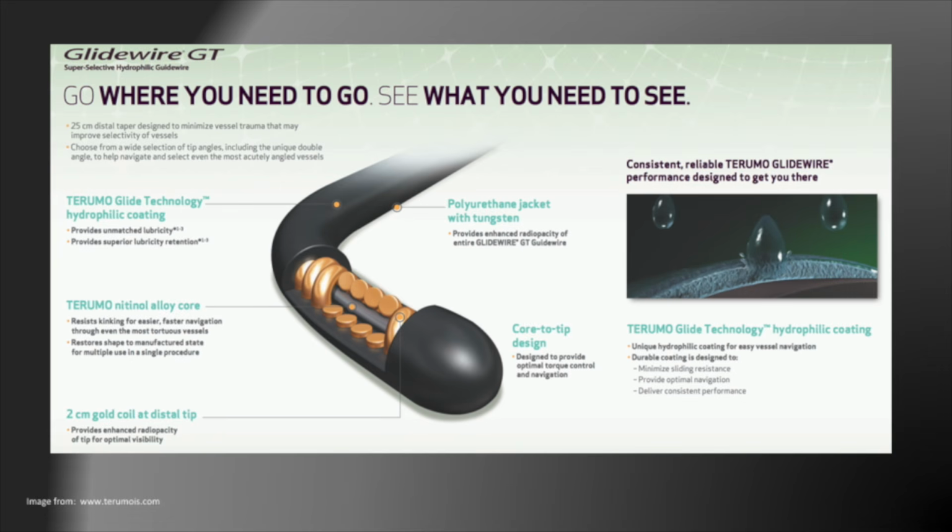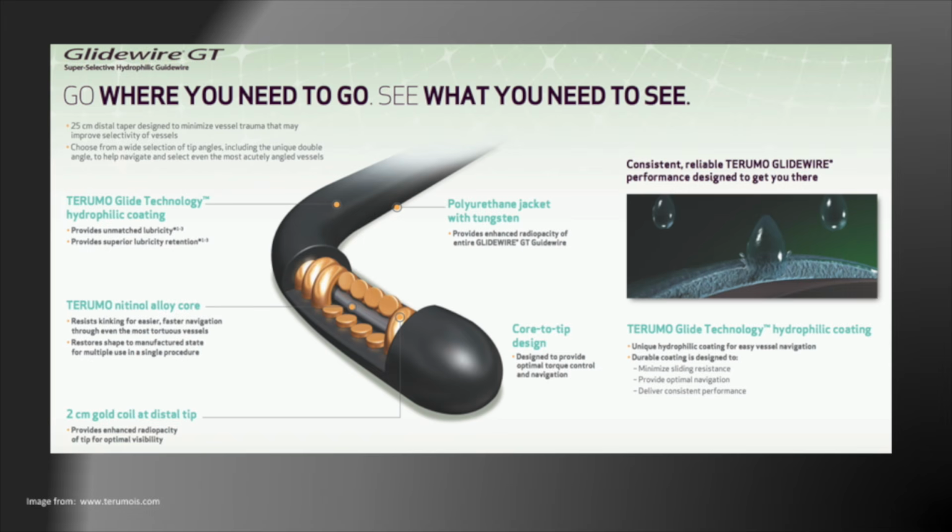To keep things very simple, you'll notice that the innermost part has a core wire. This is sometimes called a mandrel. And then around that, you can have a wire which is coiled. And this adds various properties to the overall guide wire. And then around that wire, which is coiled, there are different types of coatings that can give the wire different properties.